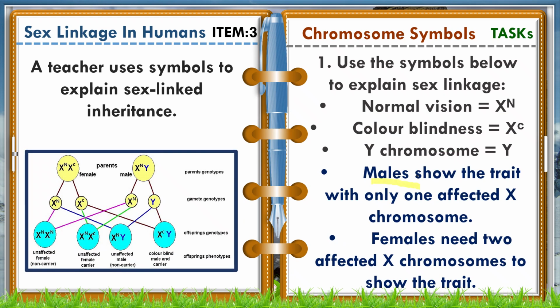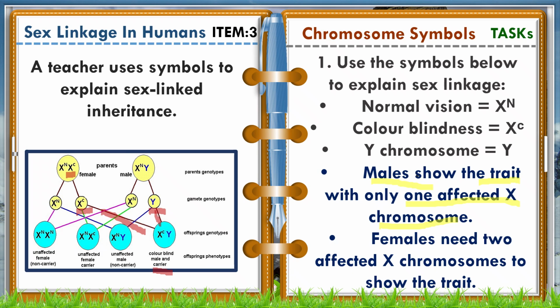The males show the trait with only one affected X chromosome. So we have said that if the mother hands over this colorblind sex chromosome to the boy, and the boy receives the Y chromosome from the father, this boy is going to have the colorblind trait.